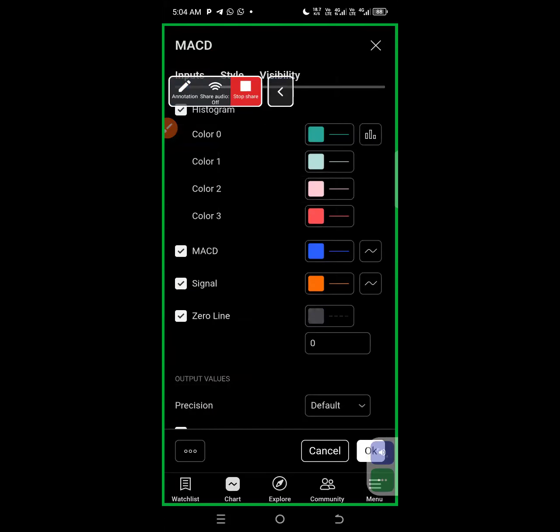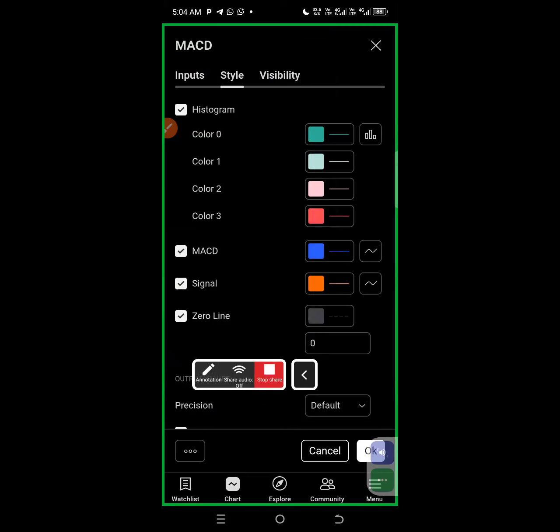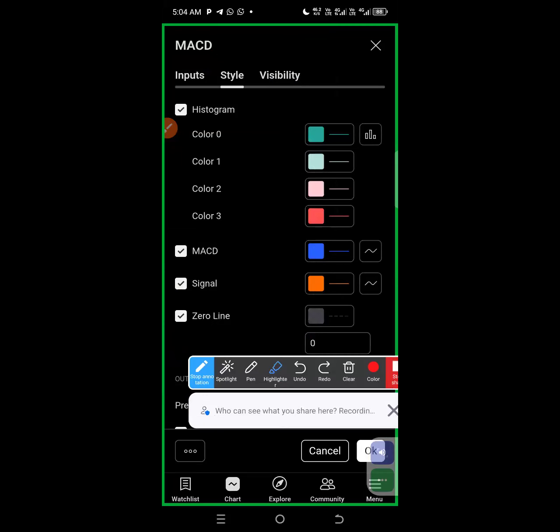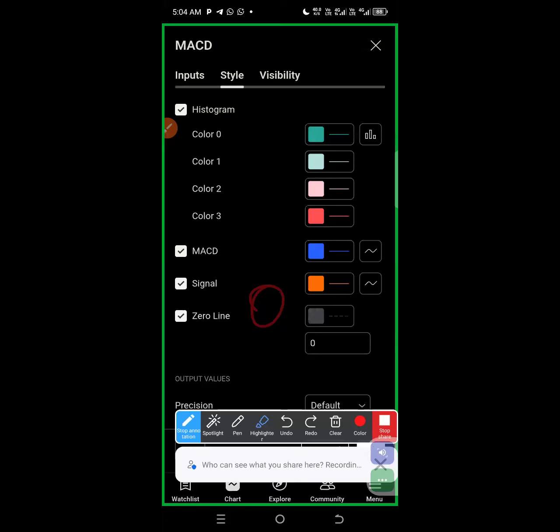Good. So if you want to change anything, we have the colors here. This is MACD. This is signal, and this is the zero line, as well as the histogram. If you want to change the color of the histogram, you can do it.